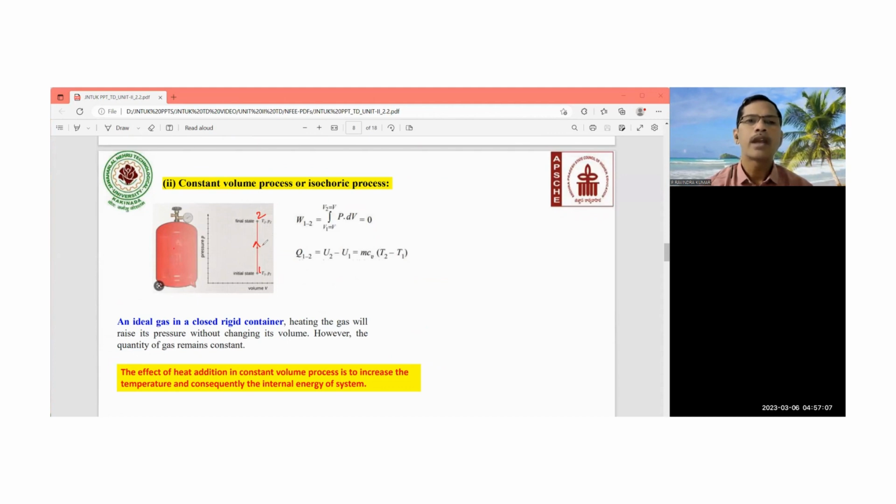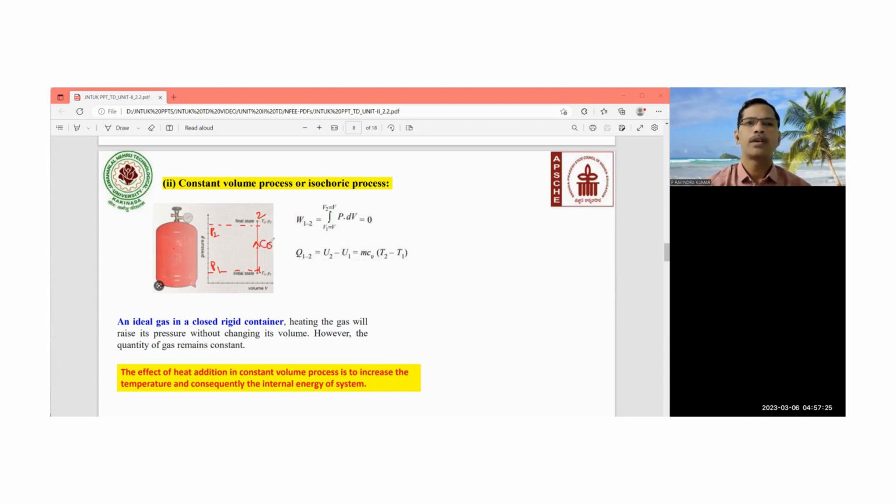Sorry, the gas is getting compressed. When a gas gets compressed, the pressure is going to increase from P1 to P2.